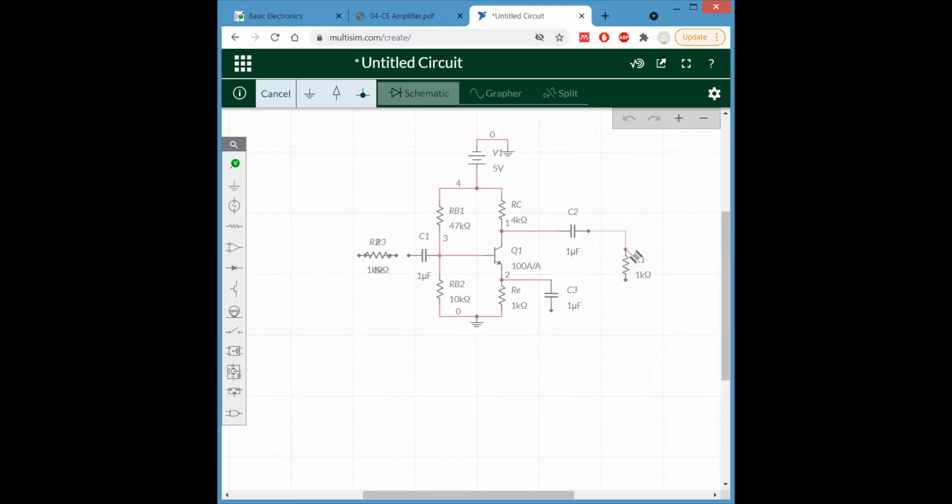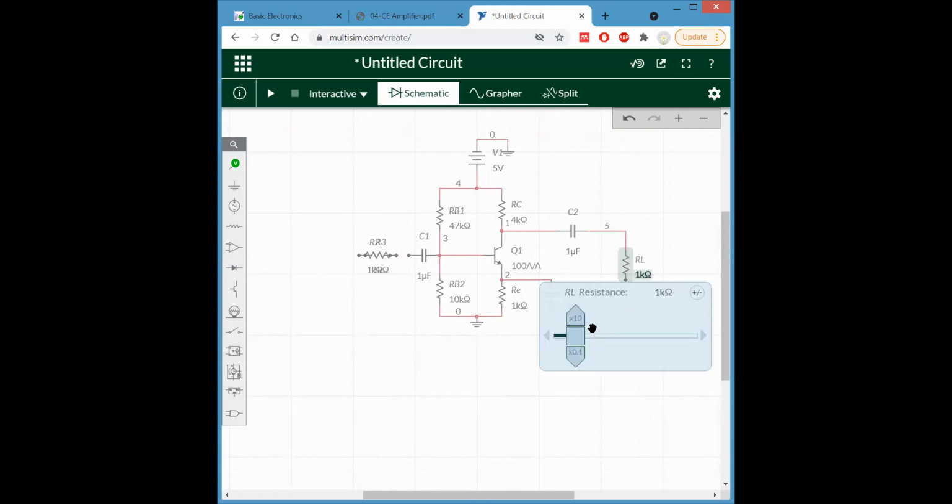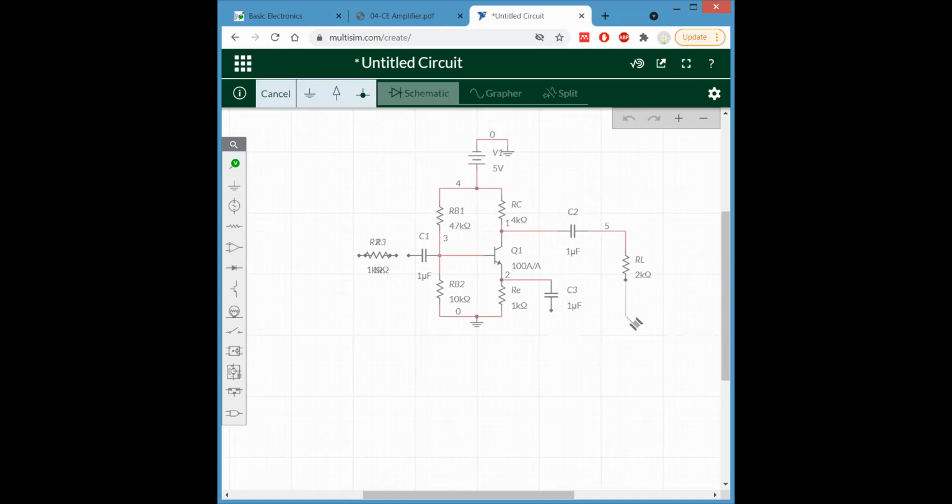Now we are connecting this one. This is our RL, the load resistor, and the value is 2000 ohm or 2K. This RL is connected to the ground, and this resistor is also connected to the ground.